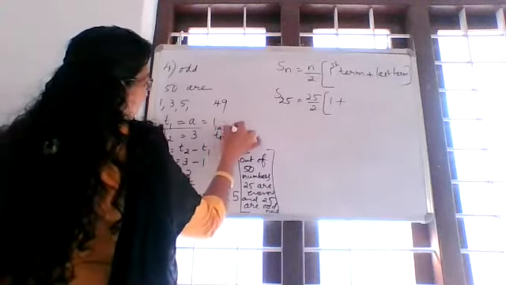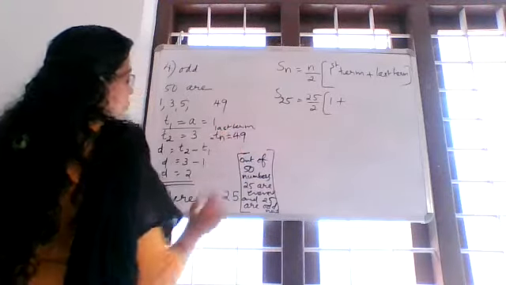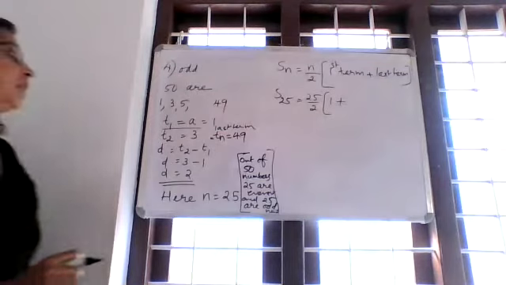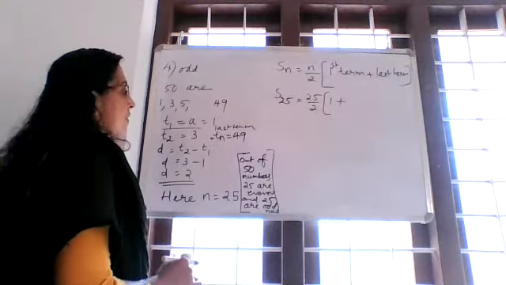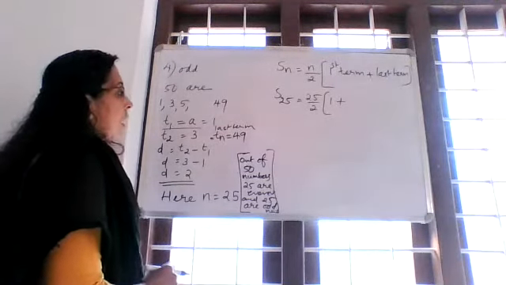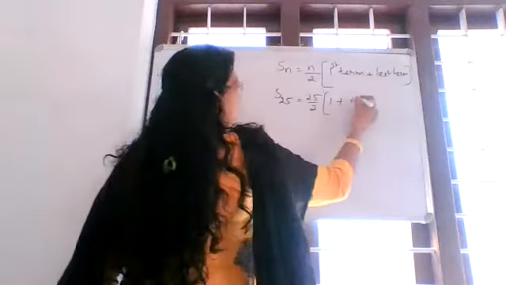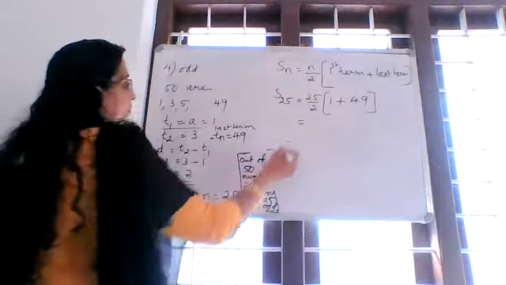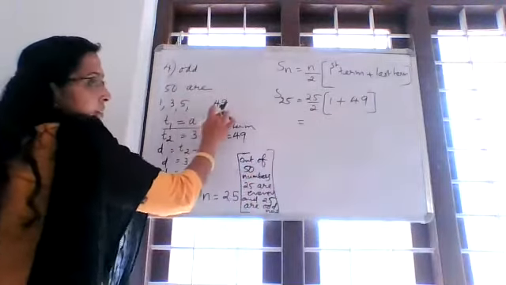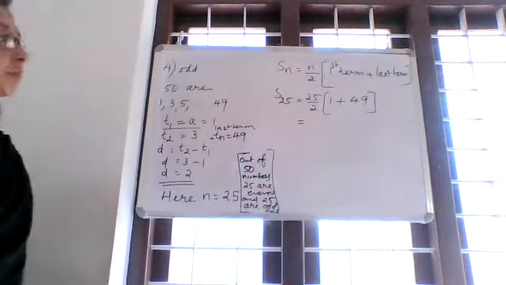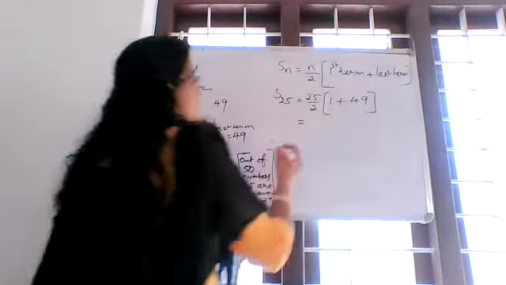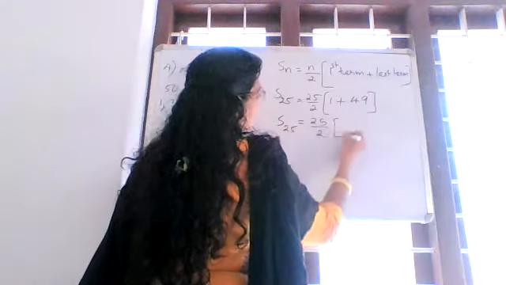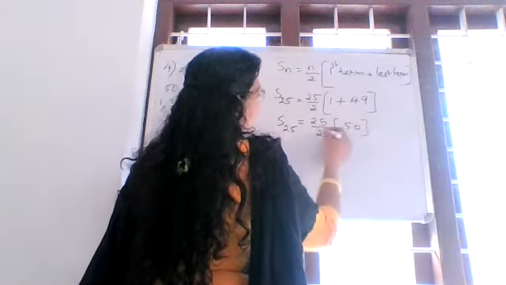Last term Tn is equal to 49. Always it won't be the last term. Here, because it is 49, this becomes the last term. So 25 by 2 into 1 plus 49. We can't cancel 25, so here 50, so we can cancel this 2.